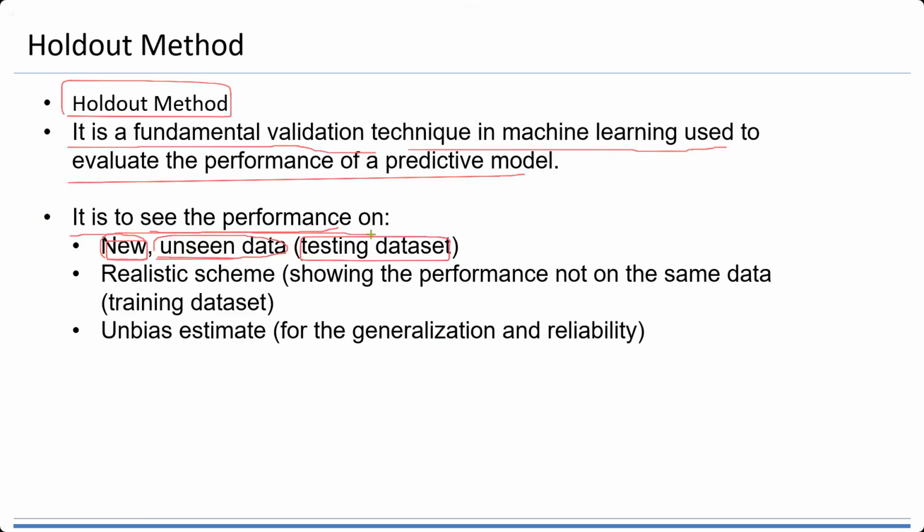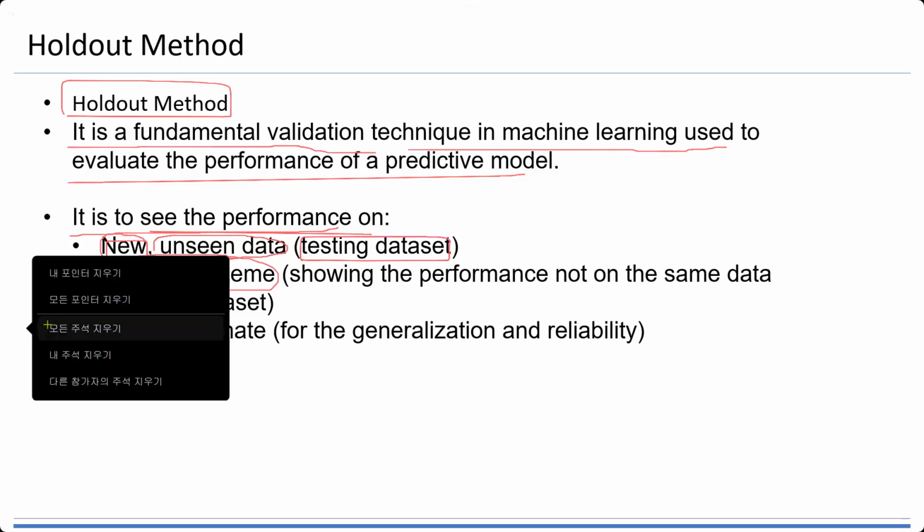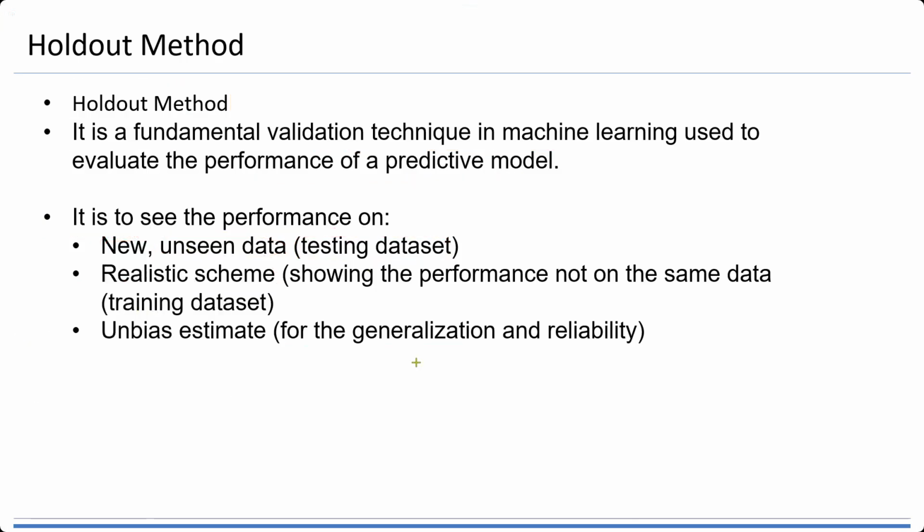In order to improve the performance, we need to look at the realistic scheme. When you apply the regression or machine learning, you need to show the performance not on the same data. You have the training data set for building the model.